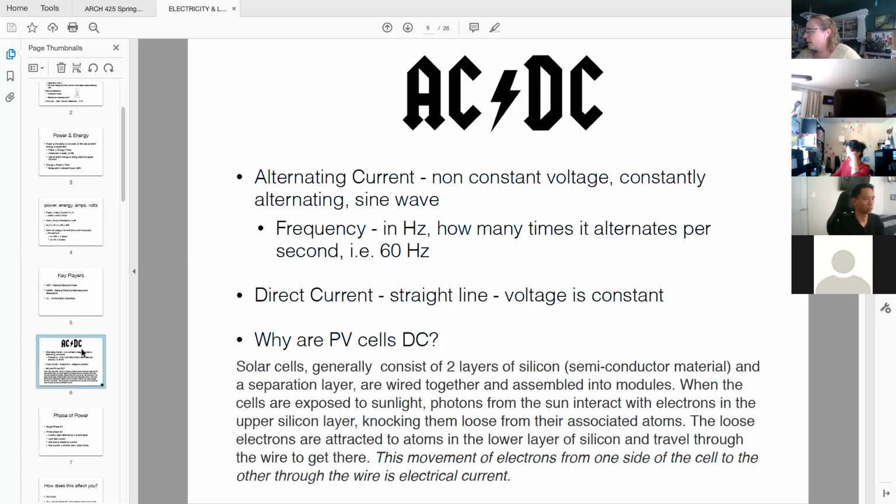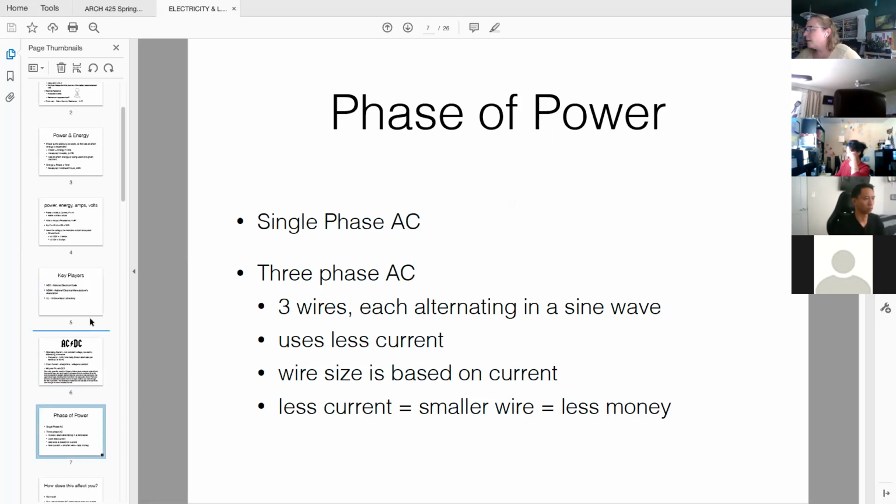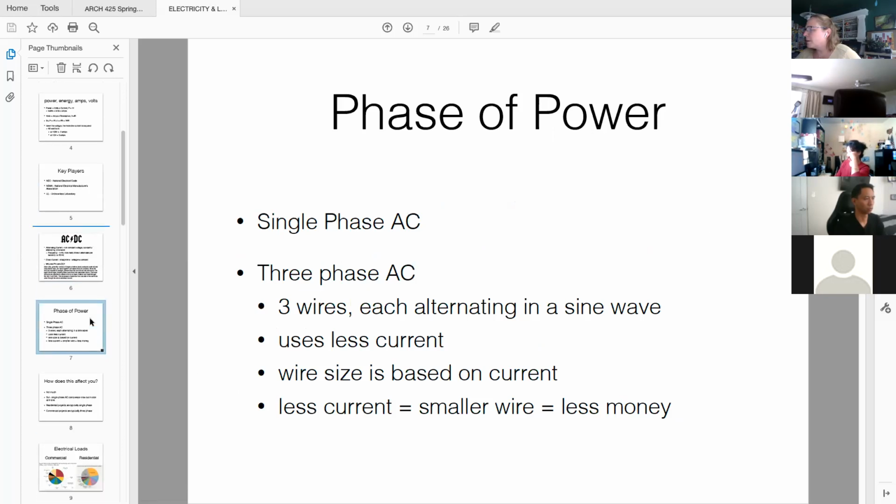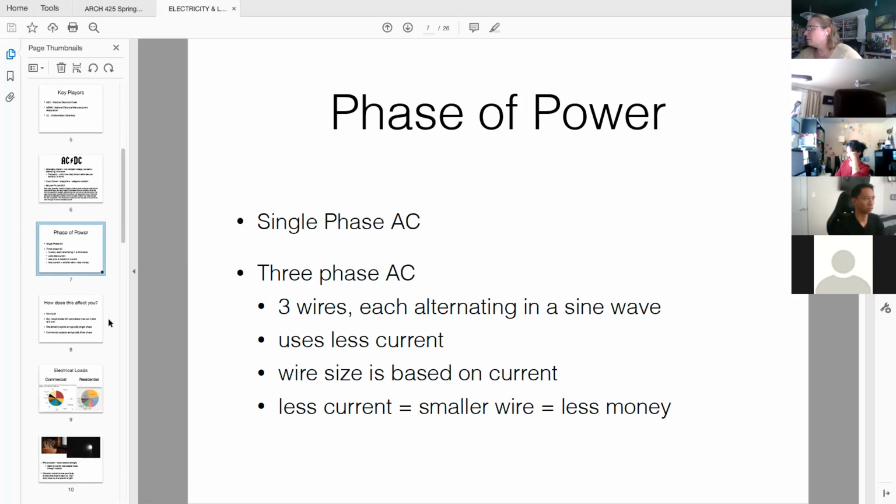Okay, we talked about AC and DC. And the last thing or concept, well, more info, I wanted to go over is the phases of power. And this is something that you'll eventually probably run into.